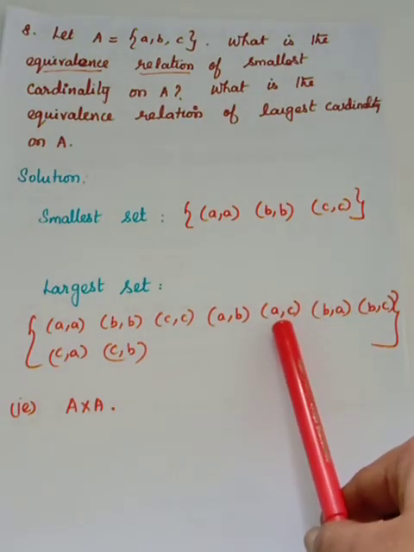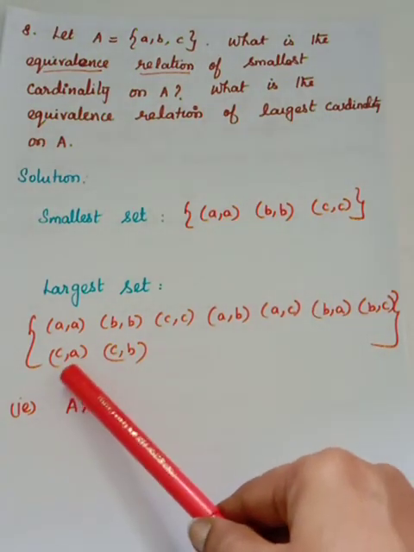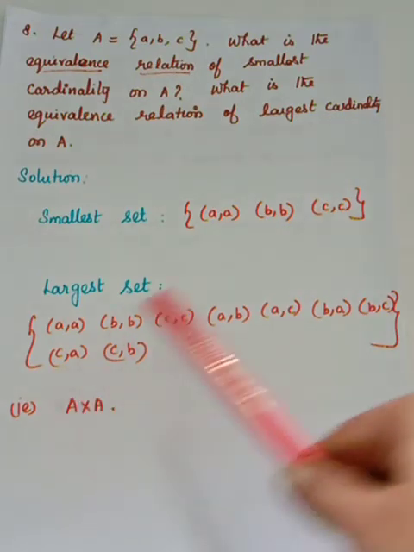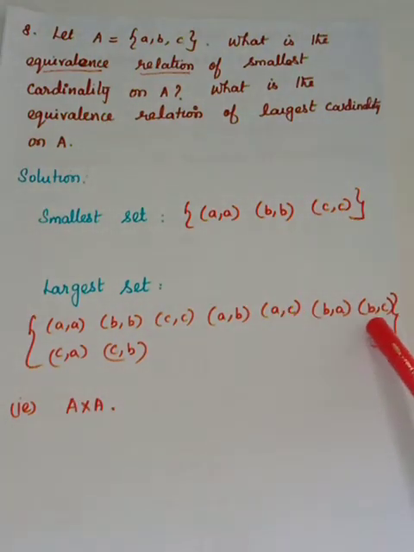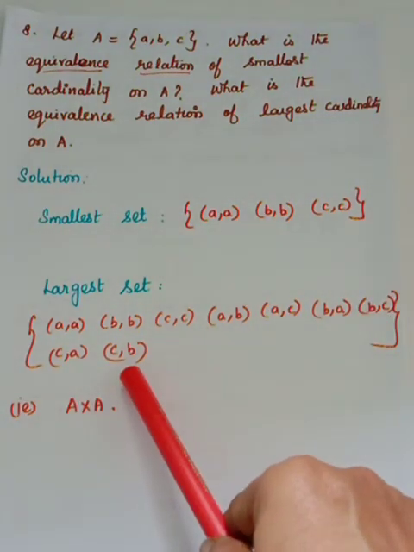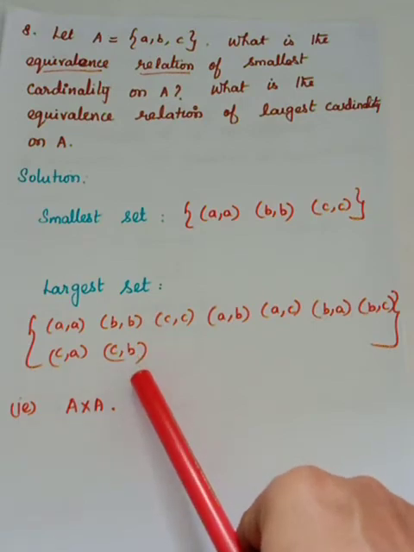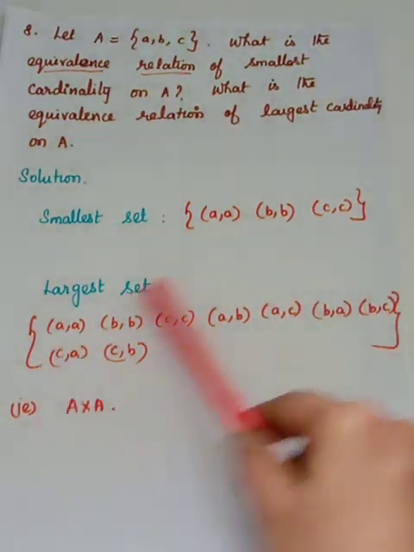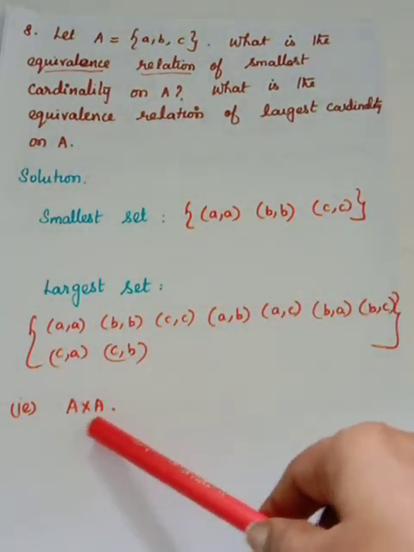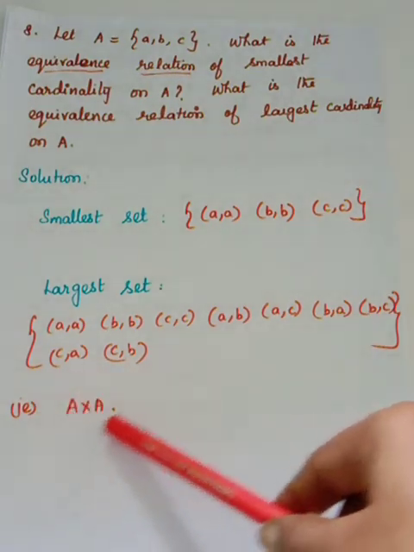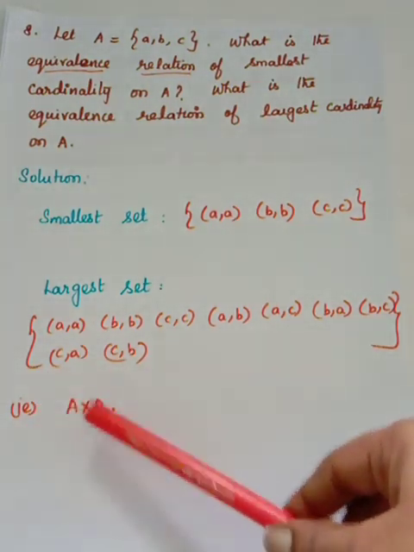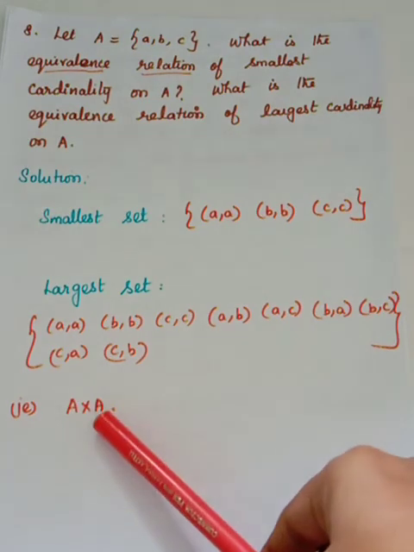Next one, A comma C, you should have C comma A, then only it is symmetric. Next one, B comma C, C comma B should be there, so therefore it is symmetric. So this is nothing but A cross A. This relation is the equivalence relation.